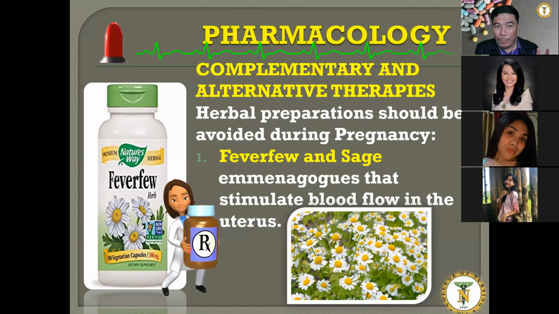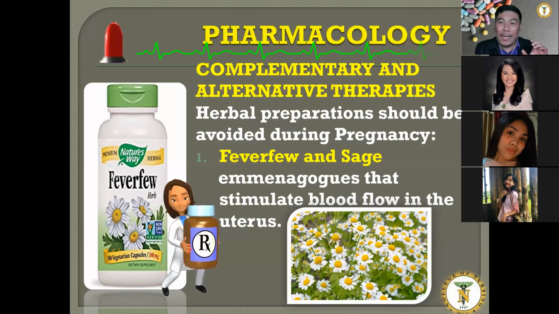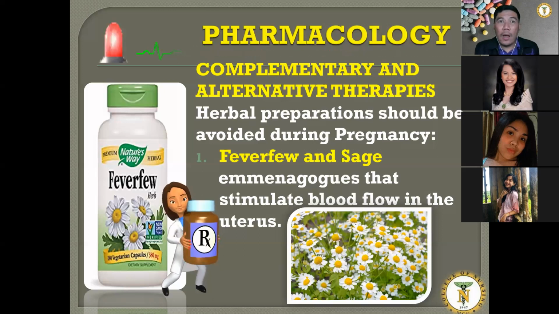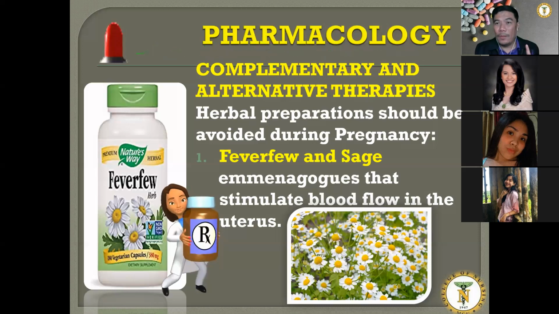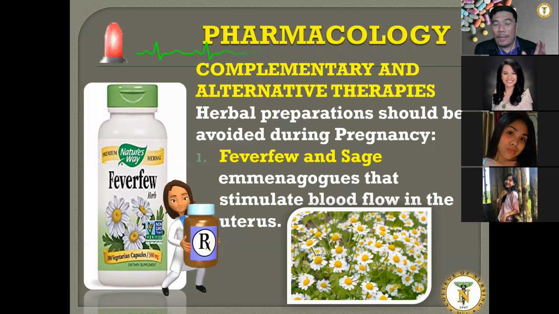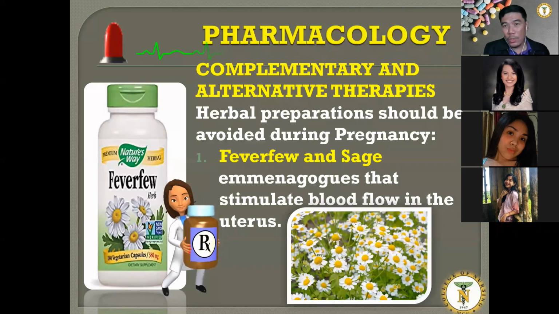Do you know that this herbal preparation of feverfew and sage are emmenagogues? If we say emmenagogues, these are drugs that may stimulate bleeding. So this may stimulate blood flow in the uterus. So when we say emmenagogues, this may cause a risk of bleeding.